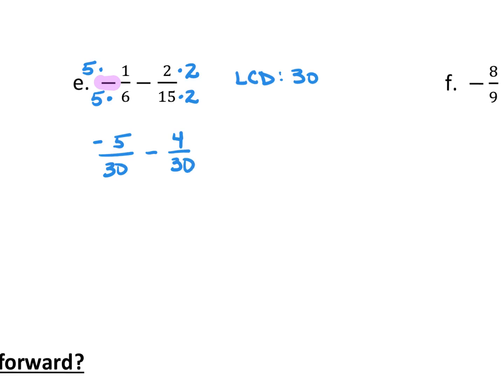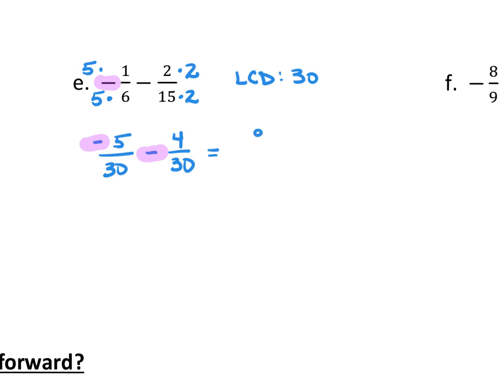And so now do we have same signs or different signs? Remember in the earlier slide, we said we don't want to think of this minus as an operation. We want to think of it as the sign. And so here we are trying to combine -5 over 30 and -4 over 30, which means we have same signs.